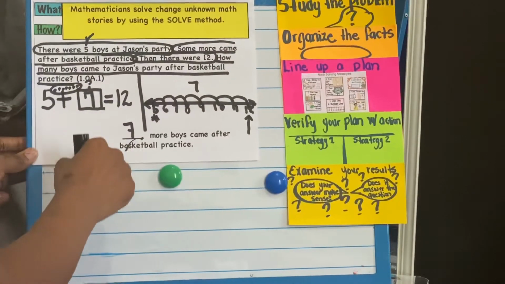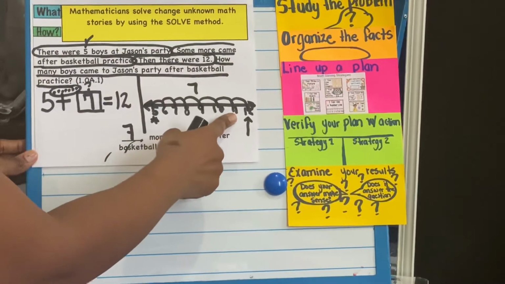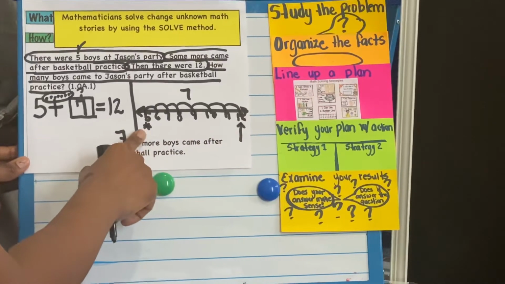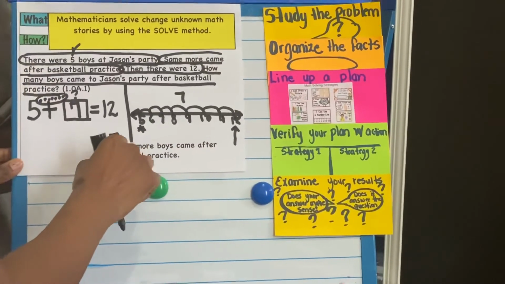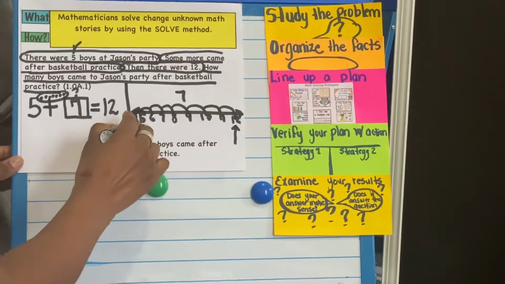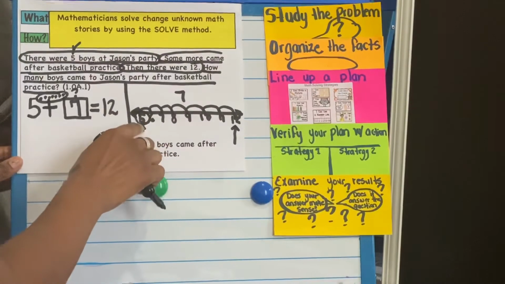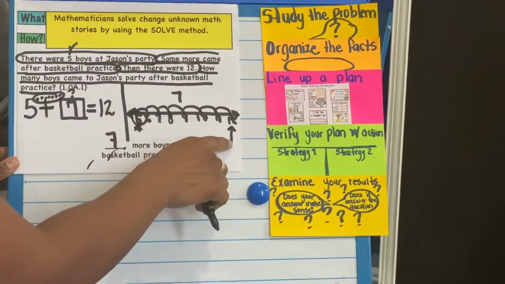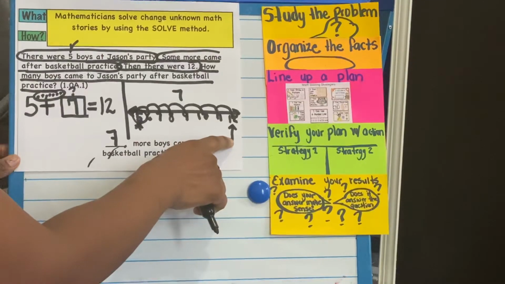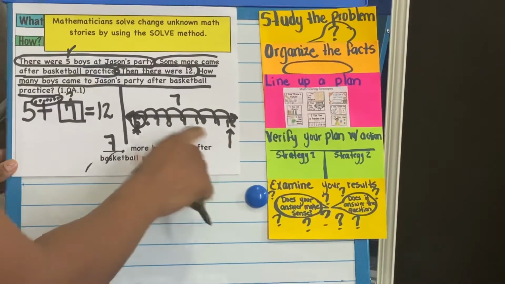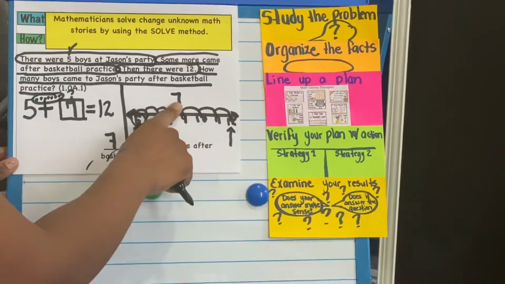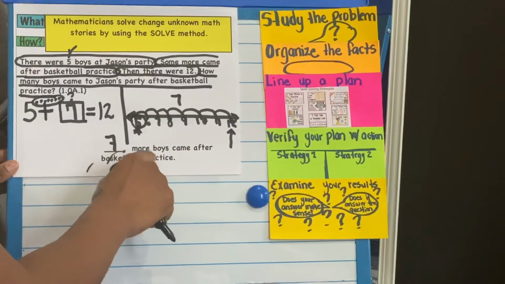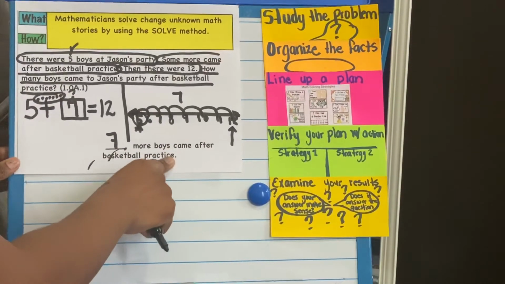Then I use a number line to see if it will give me the same answer. I circle 5 because I know that we're starting from 5. And I put an arrow at 12 to help me stop. So I counted from 5 to 12 and it gave me 7. So 7 more came after the basketball practice.